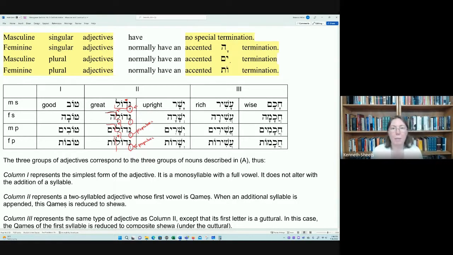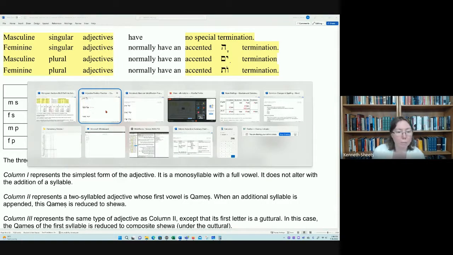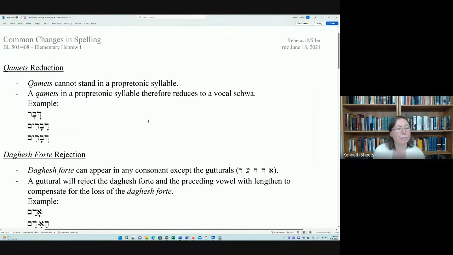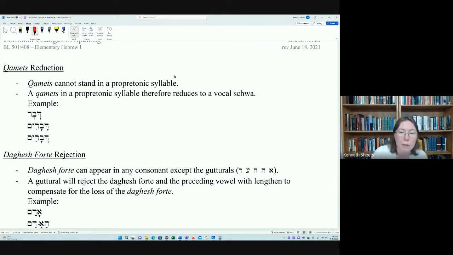That is, that kamets is now two syllables away from the accent, and so it reduces down to the simple vocal schwa. So, kamets reduction. Kamets cannot stand in a propretonic syllable.